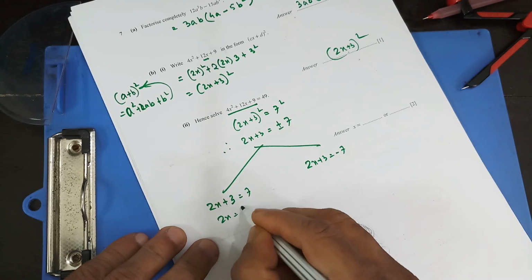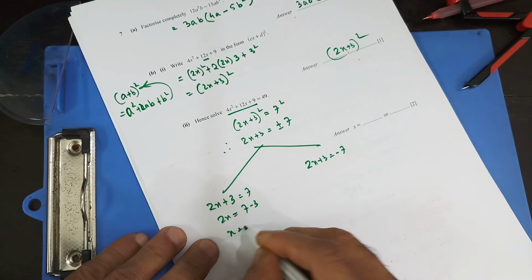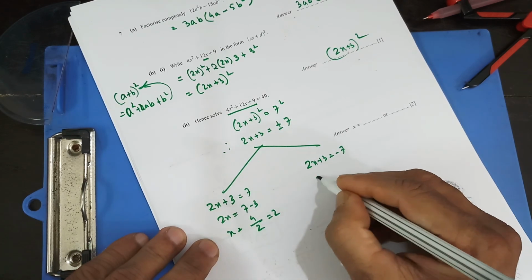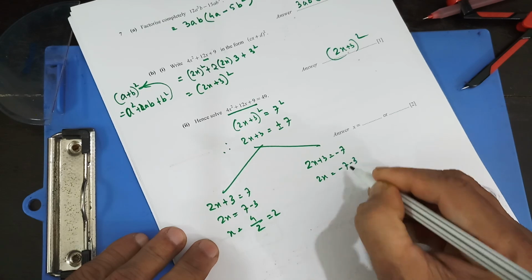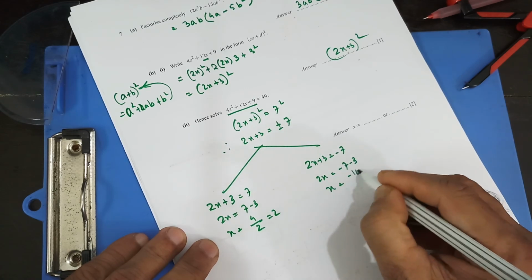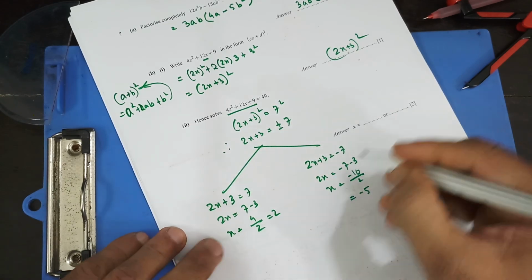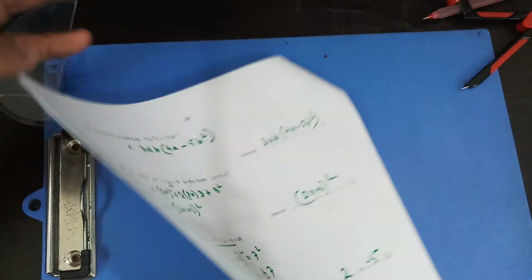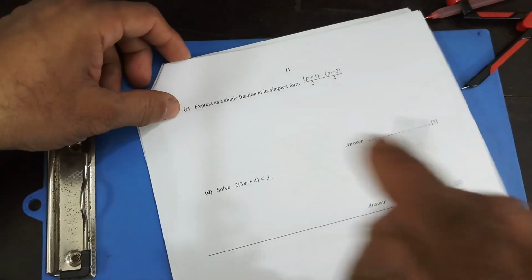So 2x equals 7 minus 3, which is 4. This 2 comes over here, so x is 2. And 2x equals minus 7 minus 3, so x equals minus 10 divided by 2 equals minus 5. So x is going to be 2 or minus 5. So this one is done.